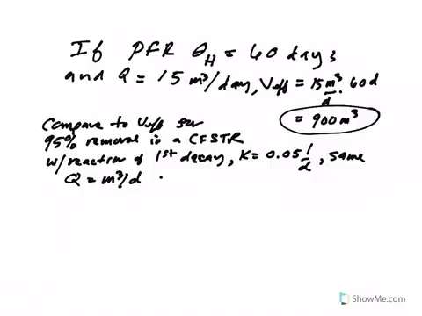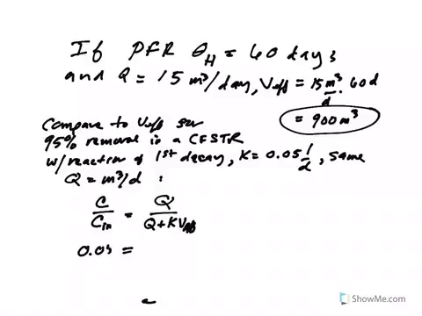In this case, for the CFSTR, the concentration coming out divided by the concentration going in is Q over Q plus KV, well, that's V effective. And we're setting that to a 95% removal efficiency, which means that C over Cin is equal to 0.05.